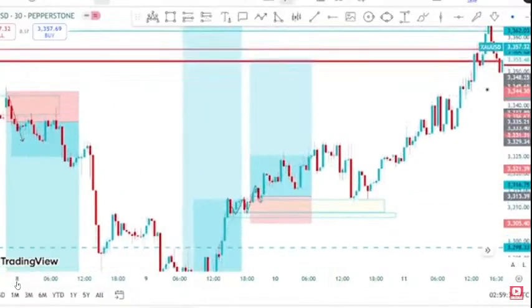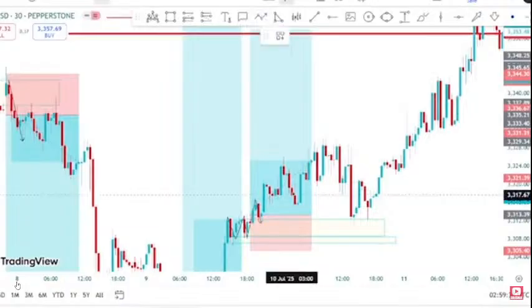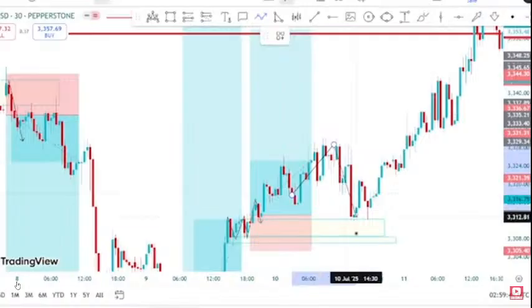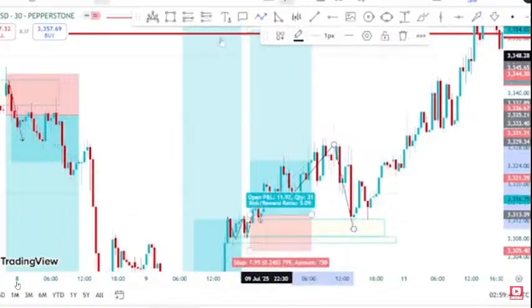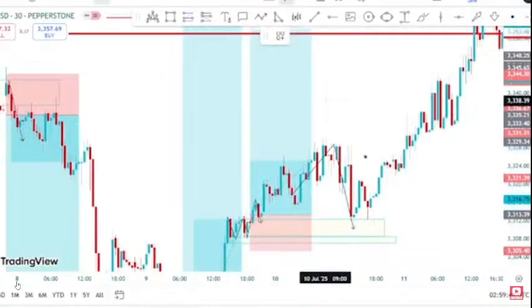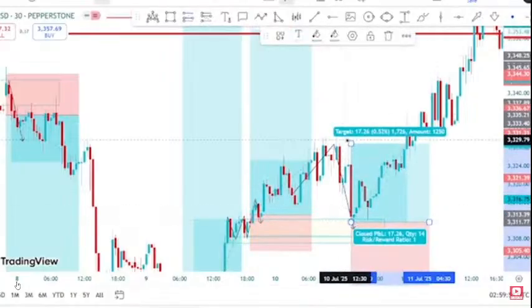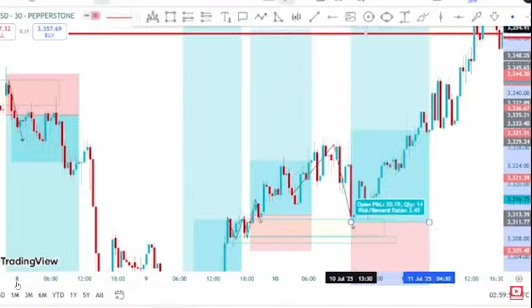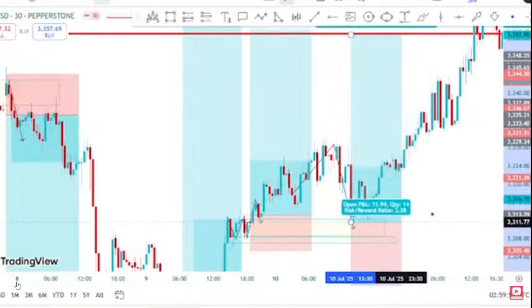Then we got an opportunity to create a higher low by sweeping this liquidity from this area. We took another entry from this area. Okay, this was an entry too, anticipating an uptrend continuation.